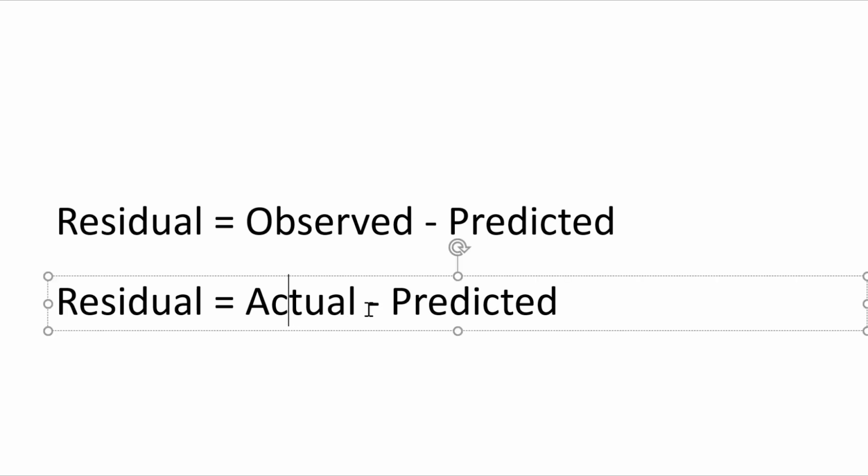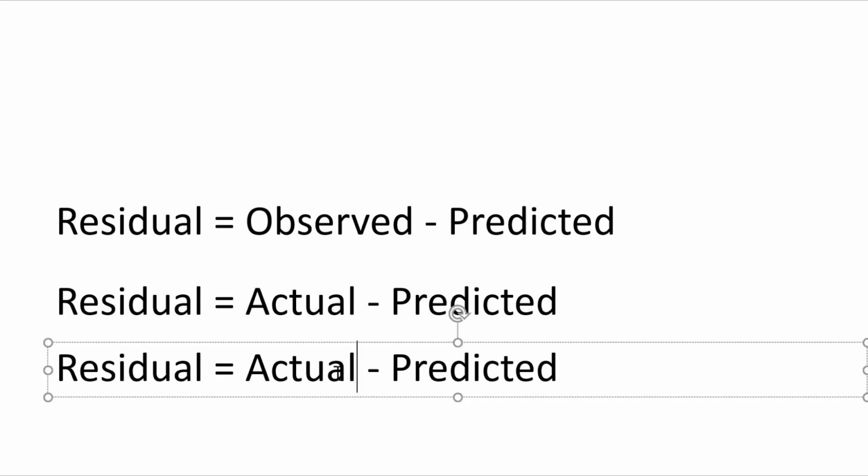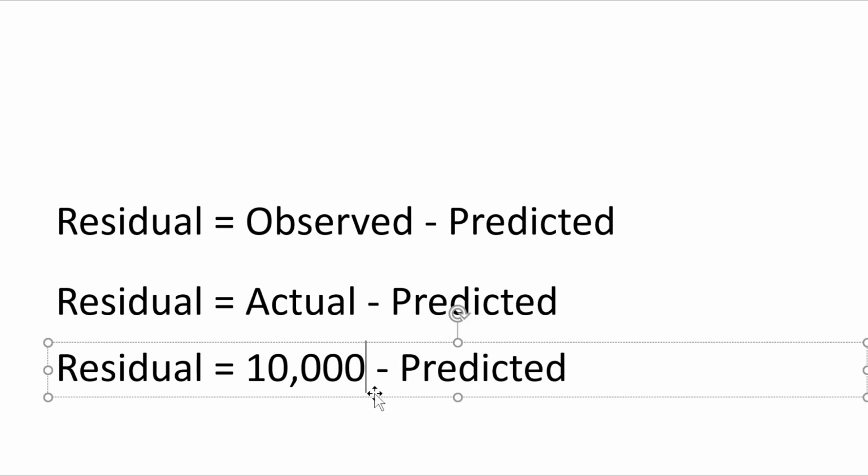Let's think about it in terms of numbers here. Suppose the actual were 10,000. And the predicted, what would you like the predicted to be? You'd like the predicted price to be more than 10,000, right? That means you're getting a good deal.